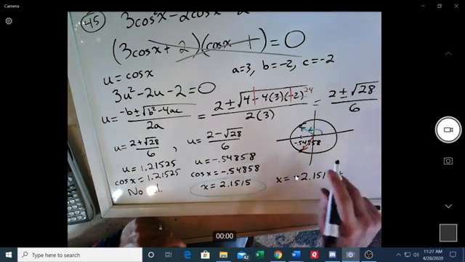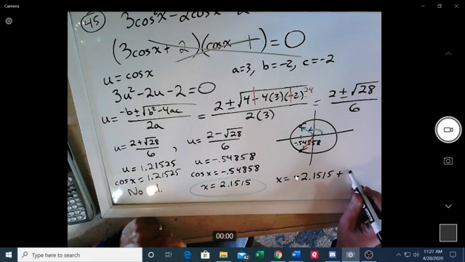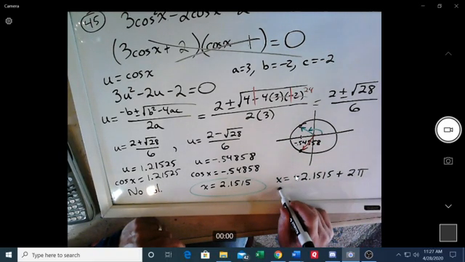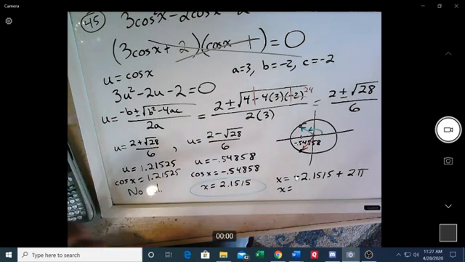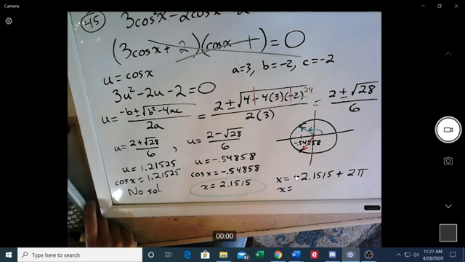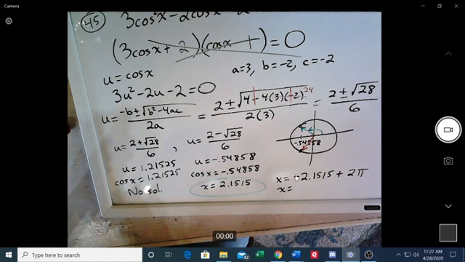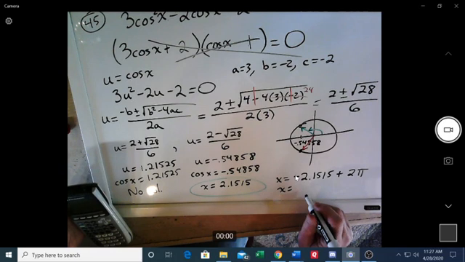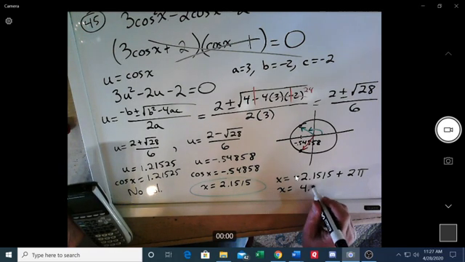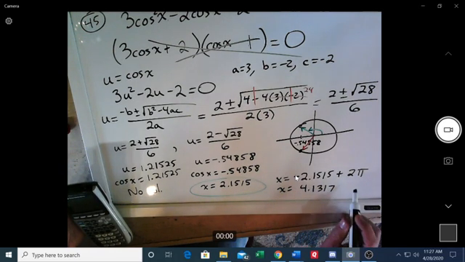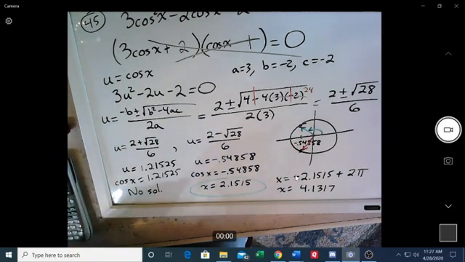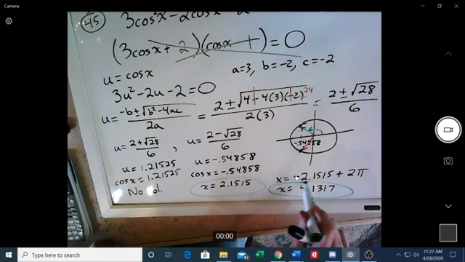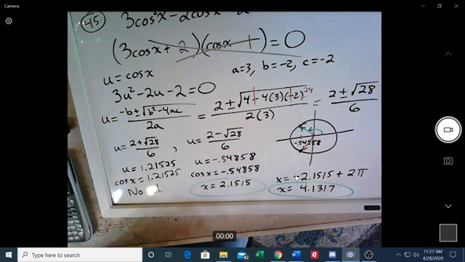So then I would add 1 revolution. And then when I put that together, I'm going to get 4.1317. These are my two answers. Right here.